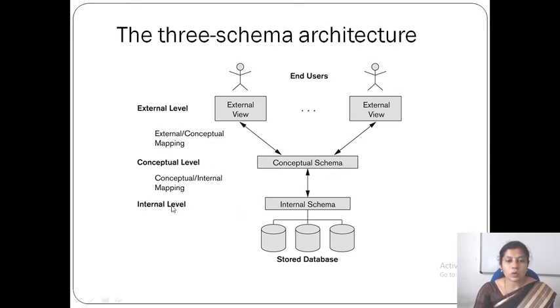Here we say conceptual to internal mapping. I'm hiding the actual physical storage information from the conceptual level. And then external to conceptual mapping: here the details of implementation will be hidden from the end user.